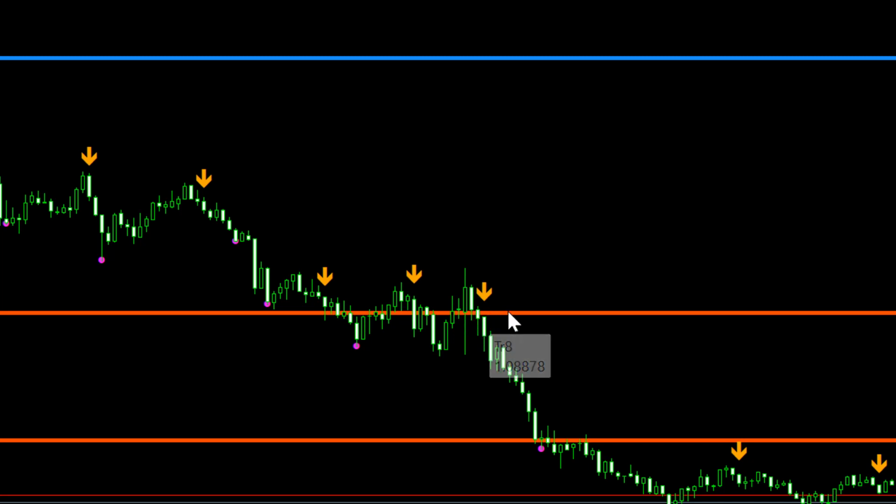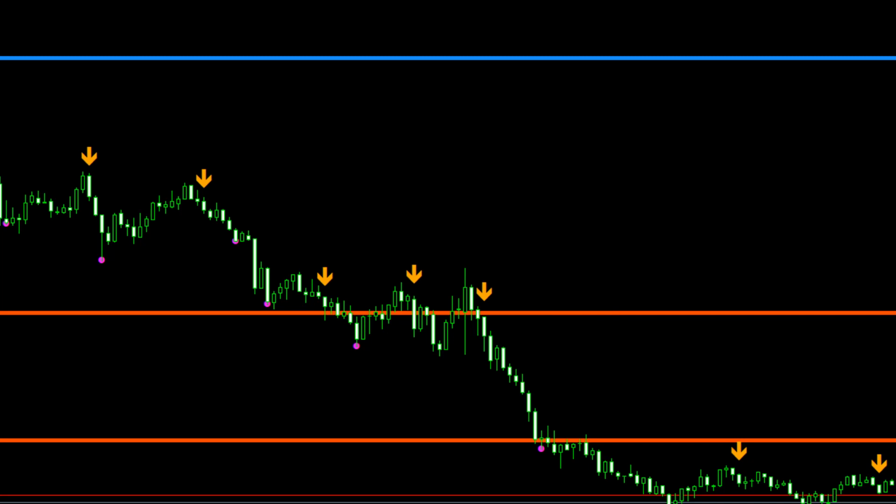Since this signal is very close to the sell guns level, I will take this trade.